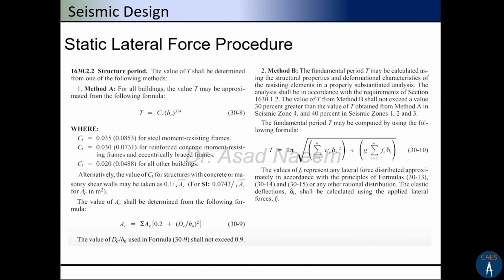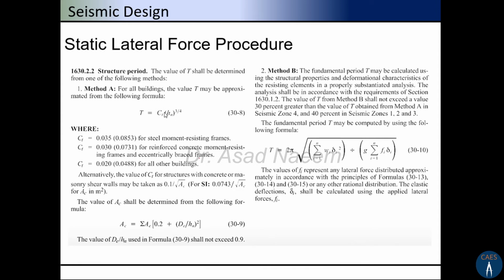In order to calculate the time period of the structure, these are the approximate formulas that are provided in UBC 97. There are two methods. One is relatively simple as compared to method 2, which is a little bit more complex. In method 1, the formula says T is equal to Ct into hn, where hn is the height of the building structure.